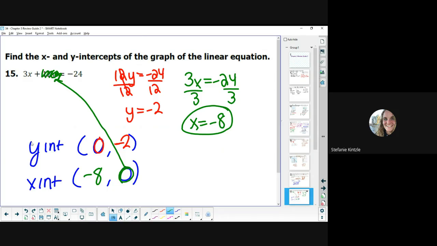So my intercept is at negative, oh, why did I circle that? Whoa, sorry. My intercept is at negative 8, 0. These are my two final answers, okay? Again, intercept is not a line, so we don't want to say x equals negative 8. Questions?